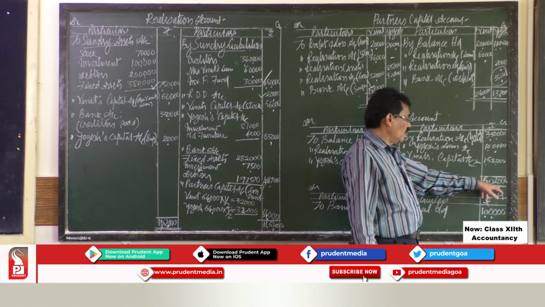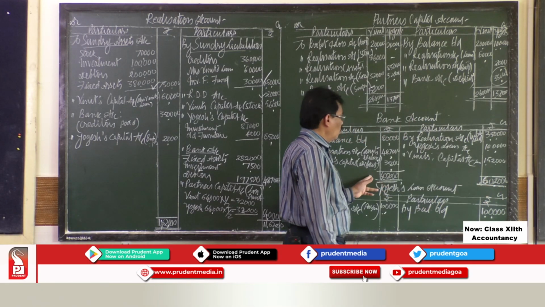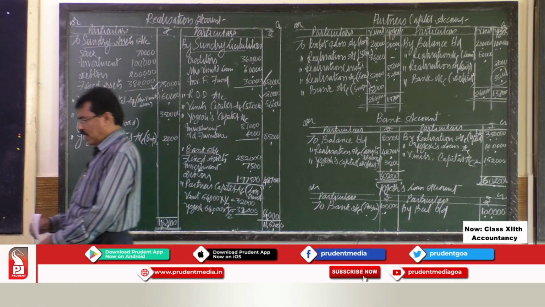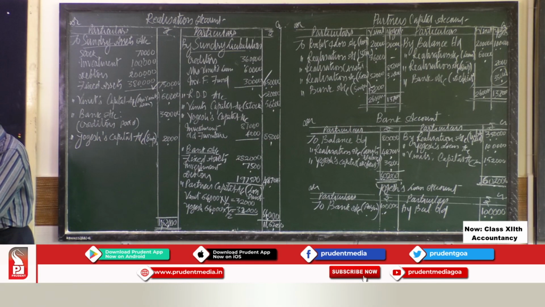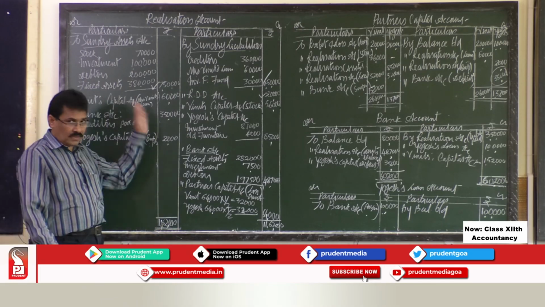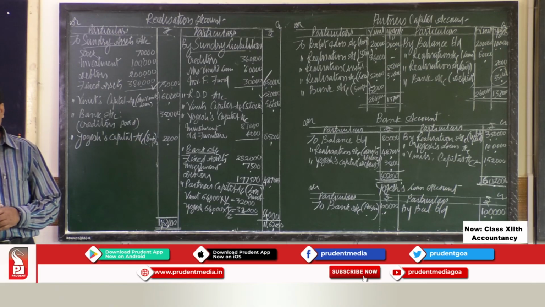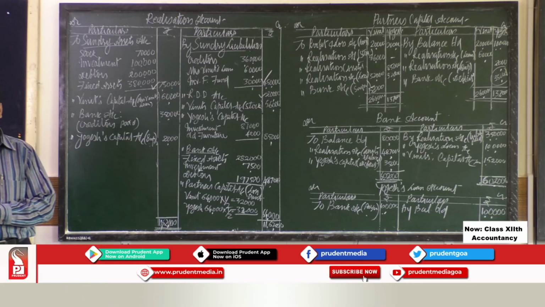So this also comes to 6,02,000. So bank account tallies means our books of accounts are settled, our books of accounts are closed. So this is how you have to settle the books of account on dissolution of a partnership firm.